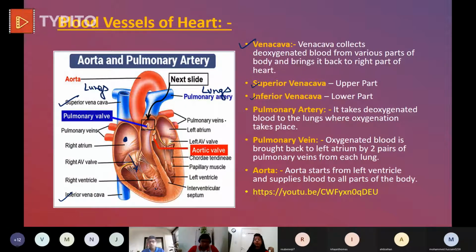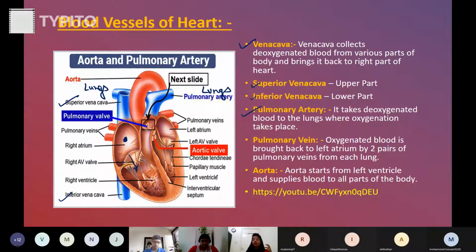So the pulmonary artery, you know what? Whenever you speak about pulmonary artery, one organ comes to my mind. Can you tell me which organ I'm talking about when I say pulmonary?